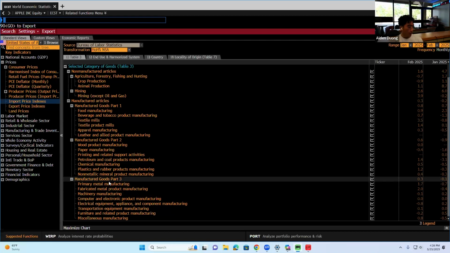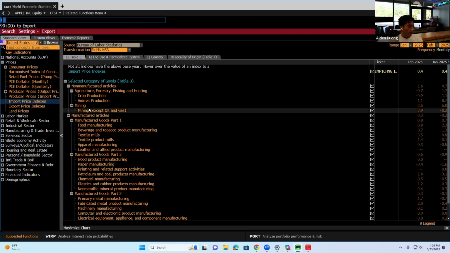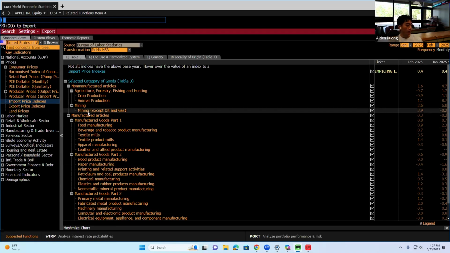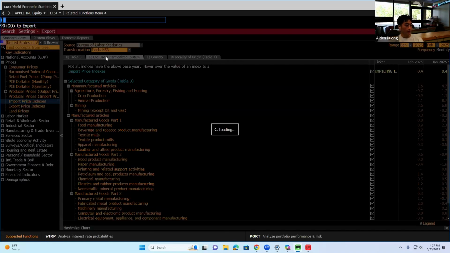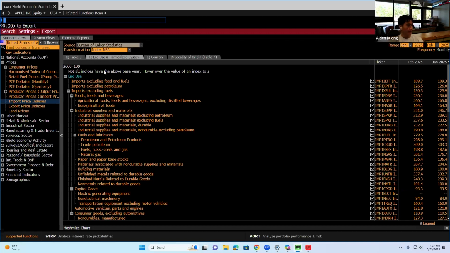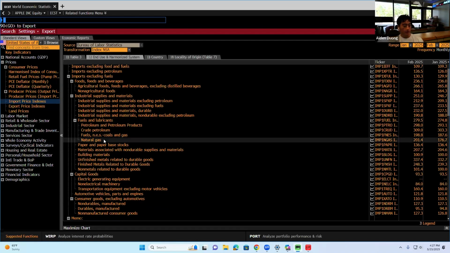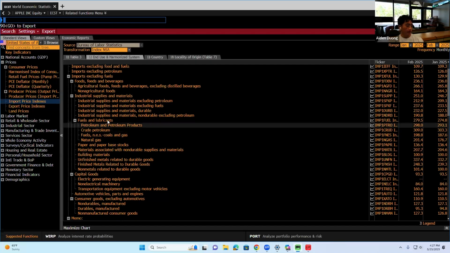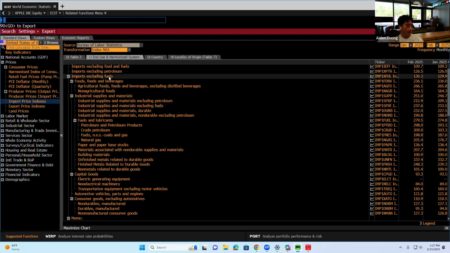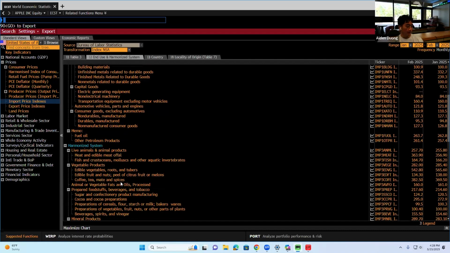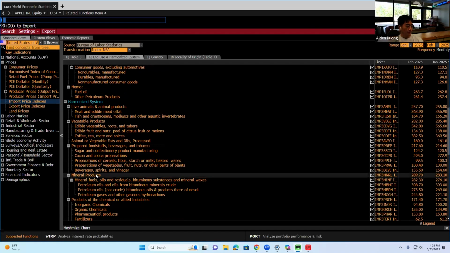So for example, if I want to look at mining, like mining for minerals, the import prices of those. Let's go to the harmonized categorization. Okay, let's look at the import price of, there's a lot of good stuff here, mineral products.